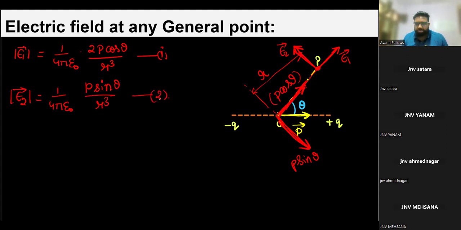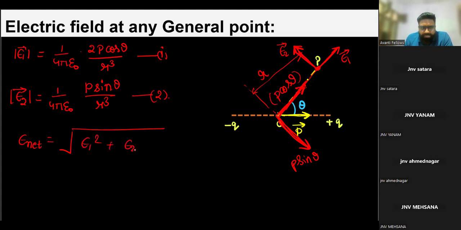Now, if I ask you what is the resultant? Resultant E net here would be given by, since both E1 and E2 are perpendicular, square root of E1 square plus E2 square.